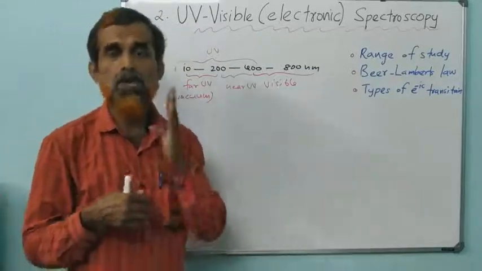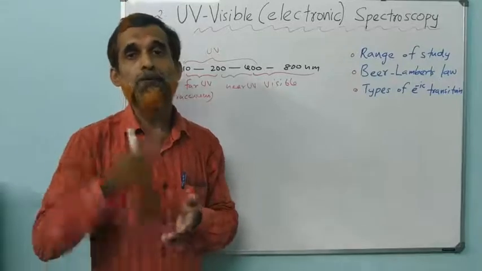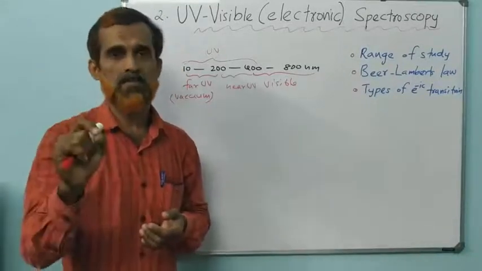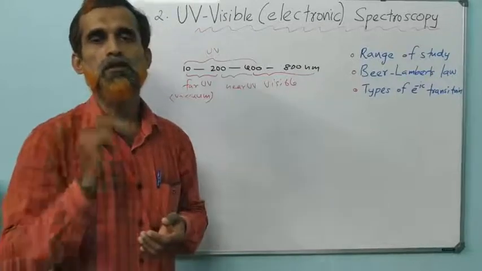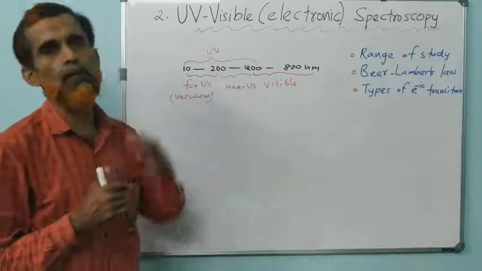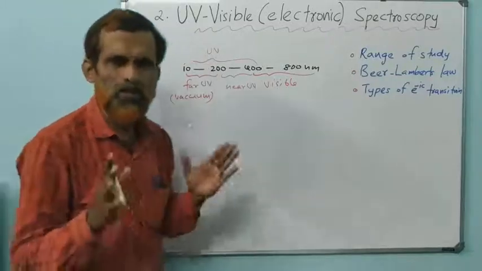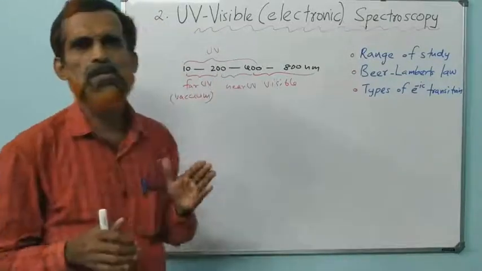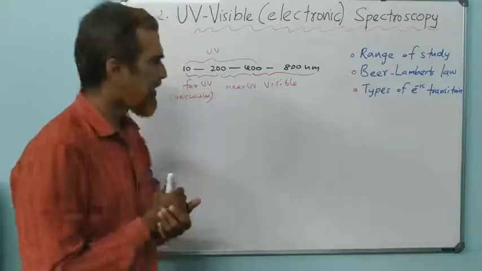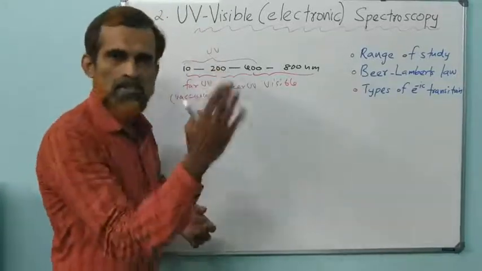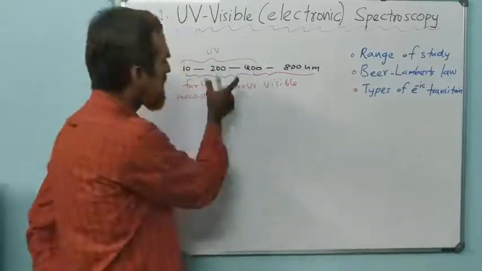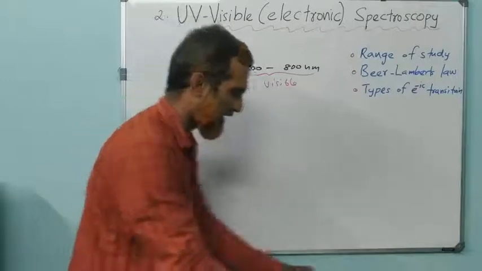So to study molecules having absorption below 200, you need an evacuated UV visible spectrometer. That's why this region is known as vacuum UV. Because of that, below 200 is of little interest for spectroscopists. So mostly the study is from 200 to 800, this near UV as well as visible range.